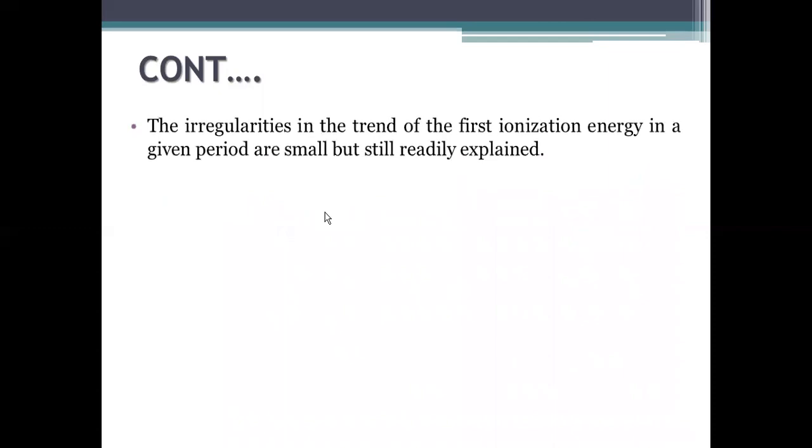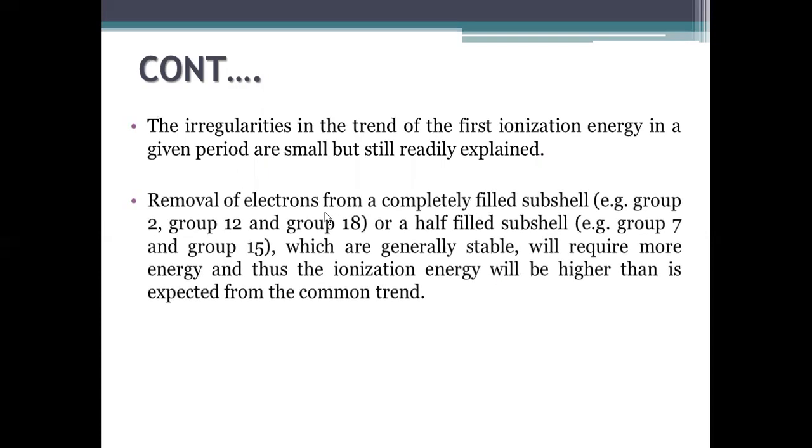Anyhow, there are irregularities in the trend of the first ionization energy when you go across a period, but still you can readily explain this. What is the reason? The removal of an electron from a completely filled shell, which could be 2, 10, 18, and a half-filled shell, which should be 7, 15, which are generally stable.